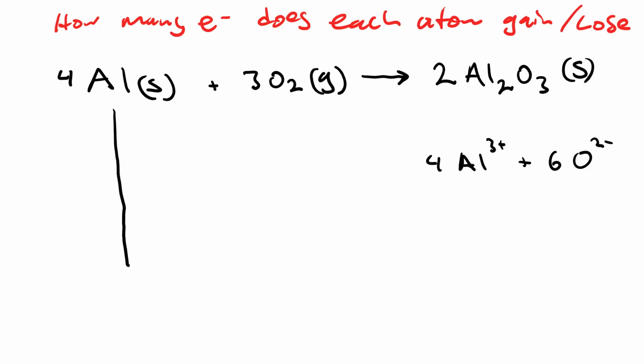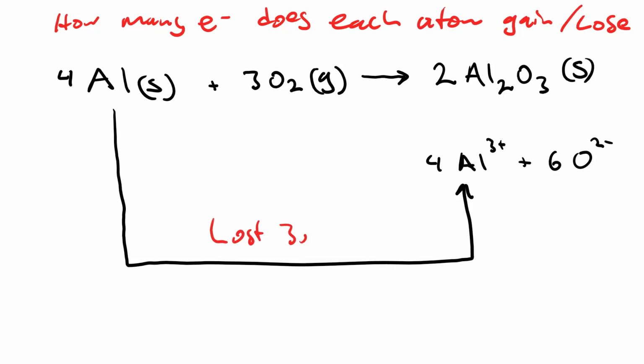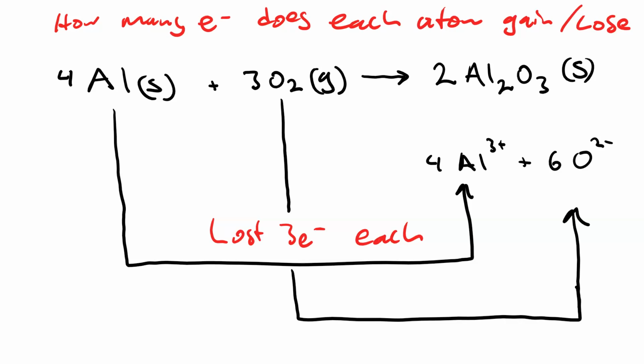That means each aluminum atom had to lose 3 electrons. 4 times 3 is 12. Each of our 6 oxygen atoms, on the other hand, gained 2 electrons.